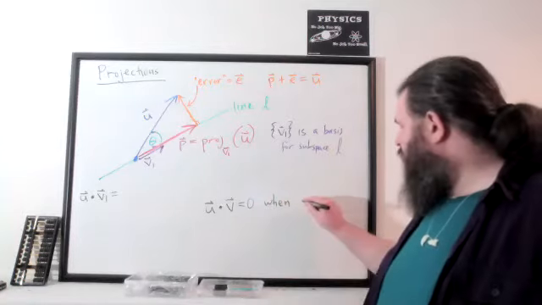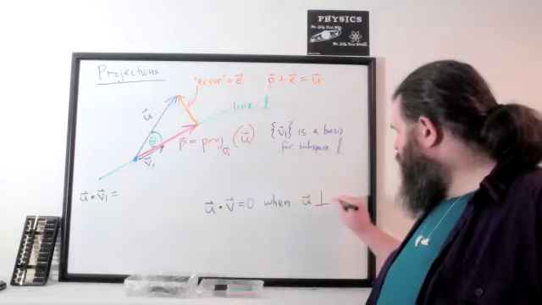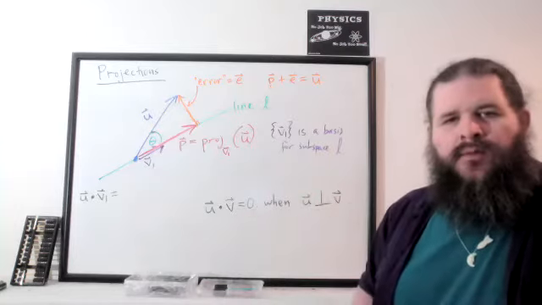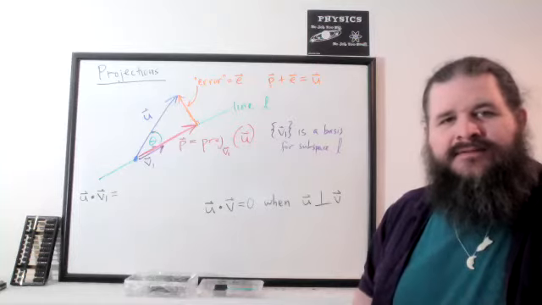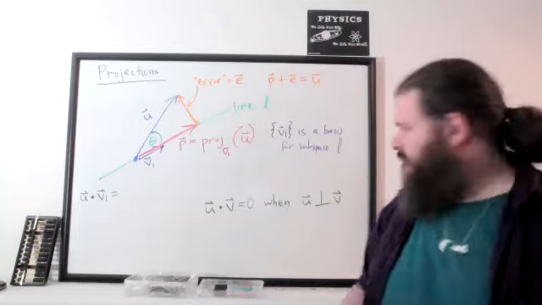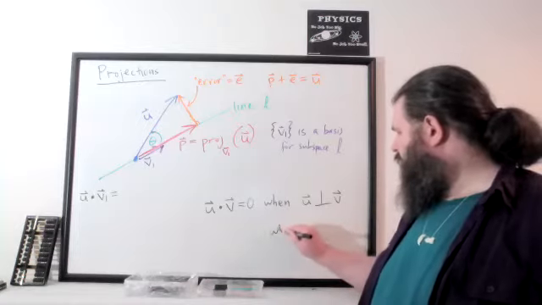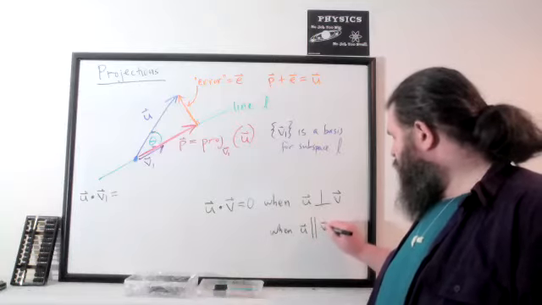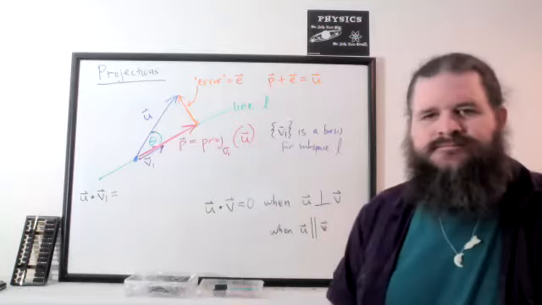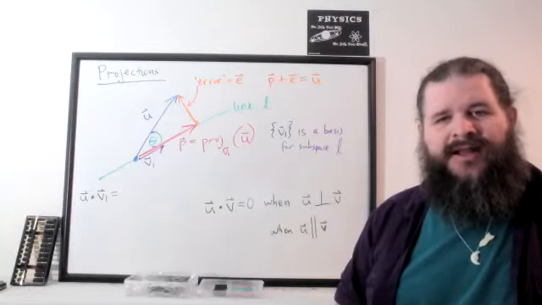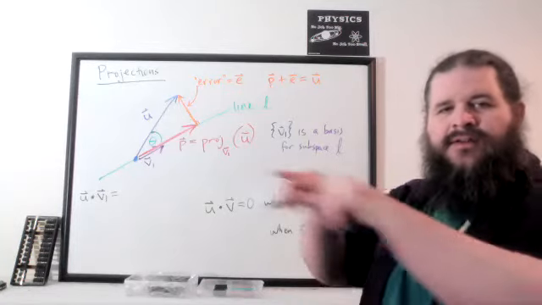Yeah, if the vectors are perpendicular, then u dot v is 0. Whereas, what if they're parallel? If the vectors are parallel, what would that tell you about the dot product? What sort of value would you expect from the dot product if they're parallel, like if u and v are in the exact same direction?